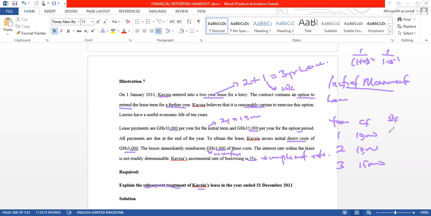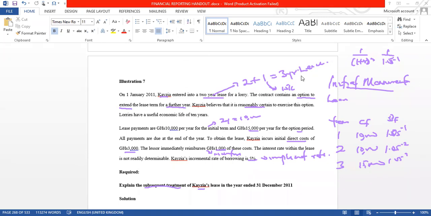Or you can as well do 1.05 raised to the power minus 1, 1.05 raised to the power minus 2, 1.05 to the power minus 3. All right, these things can be written in this way. And that is that. So you need to find the PVs, okay?